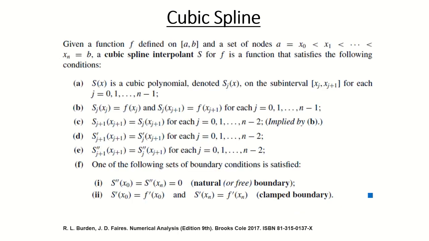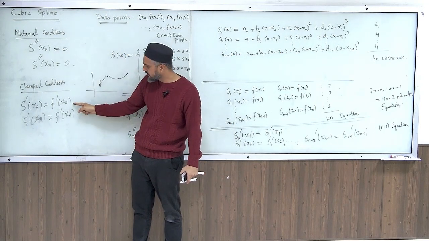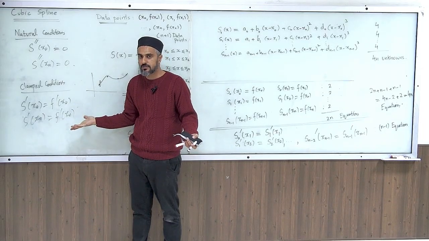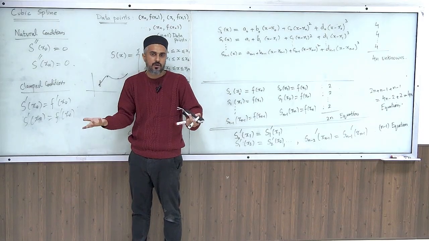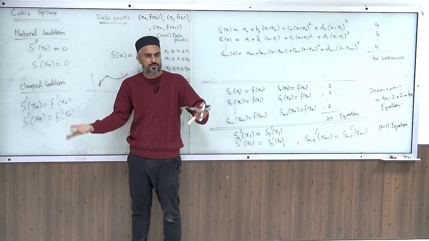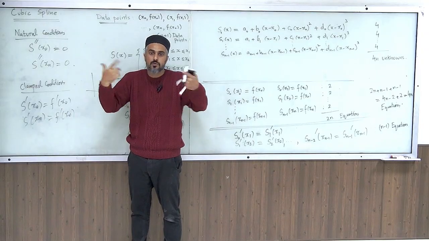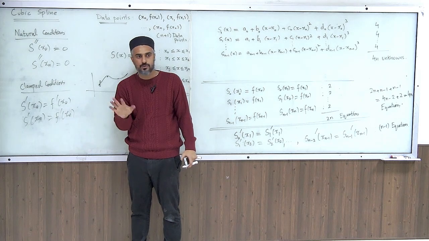So we use the natural conditions more, because we don't know the derivative at the endpoints. We have just performed the experiment and noted down that at this T naught this is the temperature, at this T1 this is the temperature. We don't know the initial change or the final change.